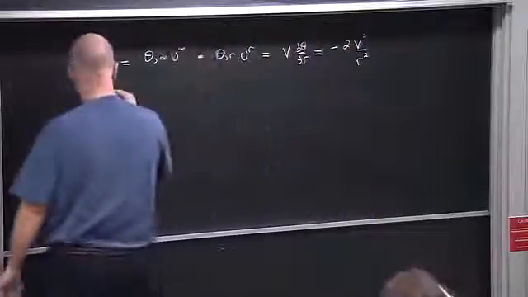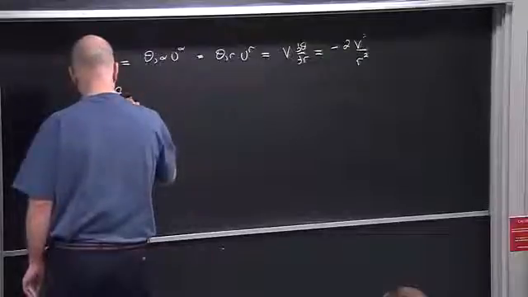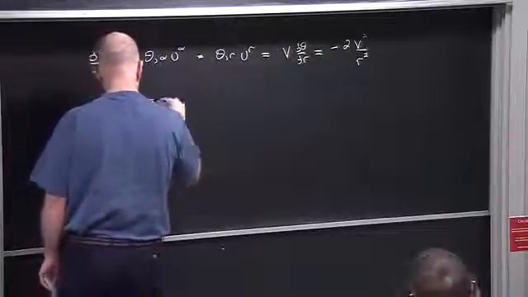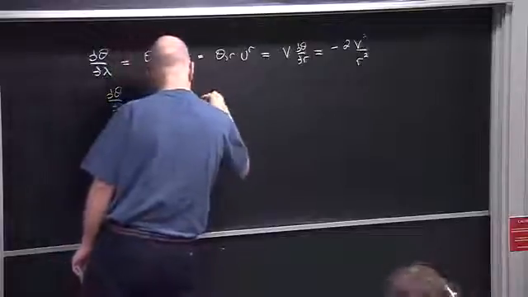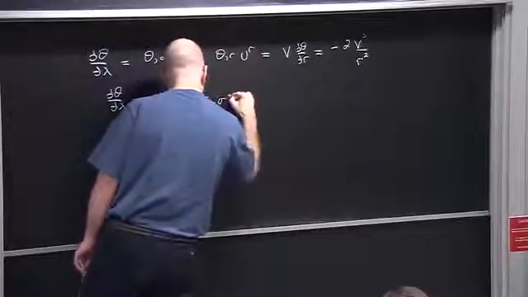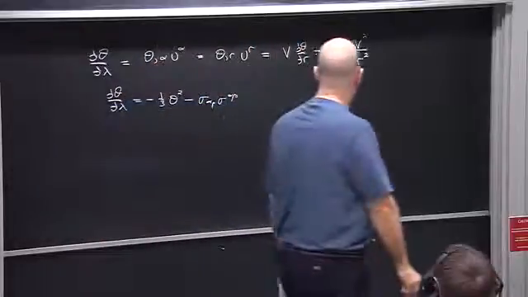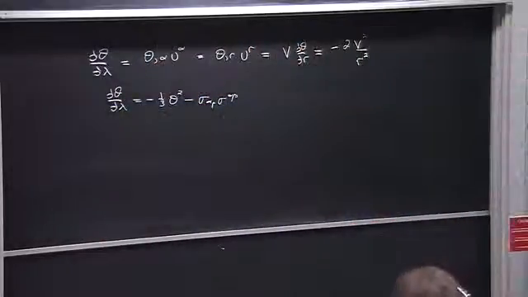Now, according to Raychaudhuri's equation, this should be equal to minus 1/3 theta squared minus the square of the shear tensor. And it would be a disaster if that didn't turn out to be true, but I think it does.